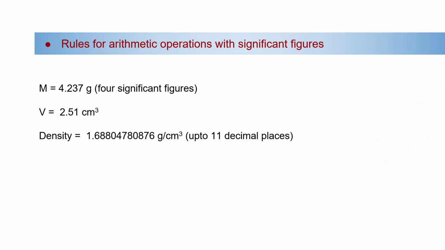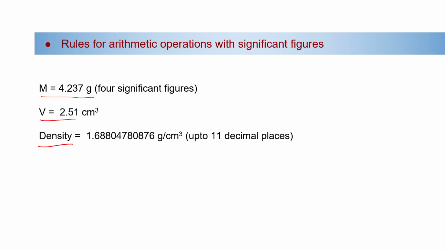Okay, so what happens is when we do arithmetic of these quantities. As I was saying, say this is one example. We have to calculate the density of this material. Mass is given up to four significant figures. We can see here all four digits are significant.